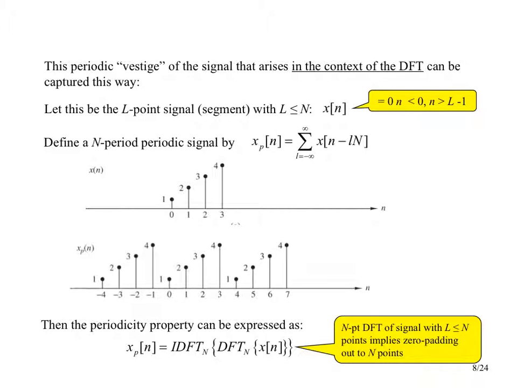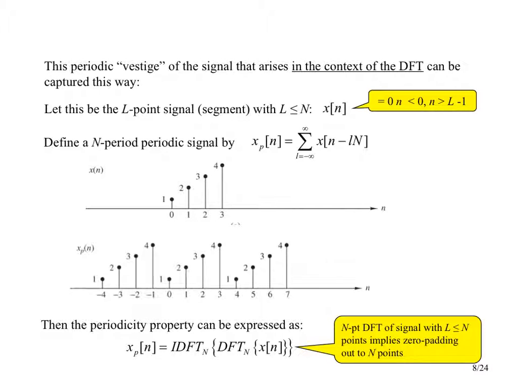So this periodic aspect, or these periodic vestiges of the signal, arise only in the context of having computed a DFT and then doing the inverse DFT of it. We can think about it in the following way.